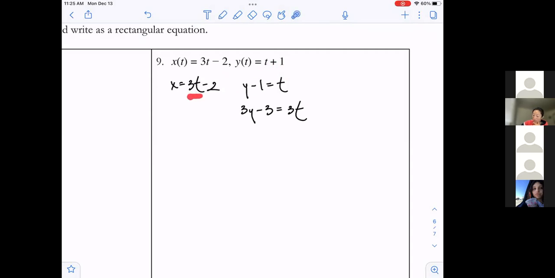So I get like 3t minus 2, but I just get a 3t over here. Okay, so maybe that doesn't work quite as well, but what we can do is some good old substitution. I think sometimes we forget that method, but I have t. Everywhere I see a t, I can write y minus 1.